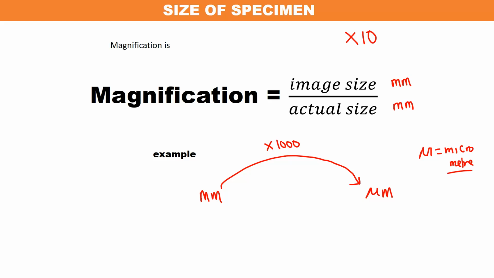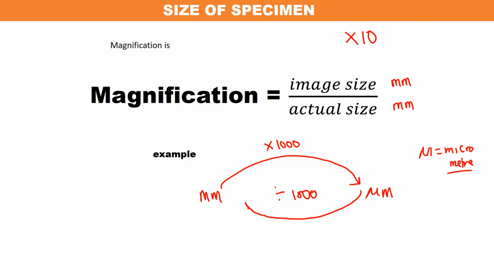In other words, you multiply the unit in millimeter by 1,000. Then if you are going back, you divide by 1,000. So if you are given micrometer and you want to find millimeter, you divide by 1,000. Okay. So let us look at examples.